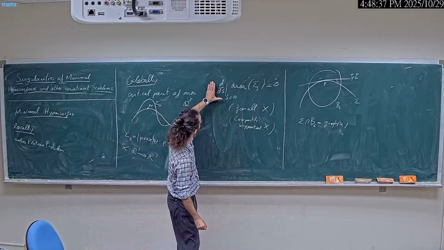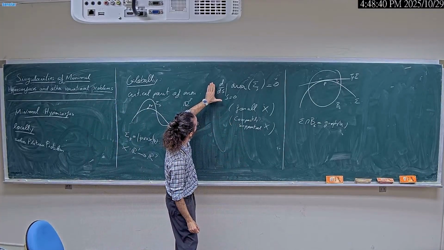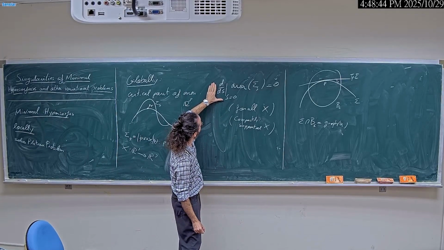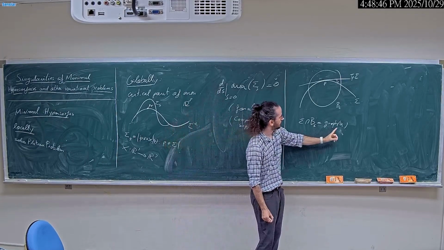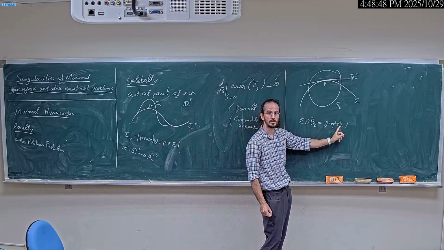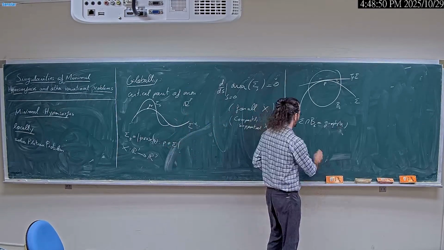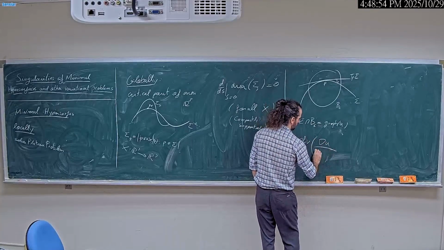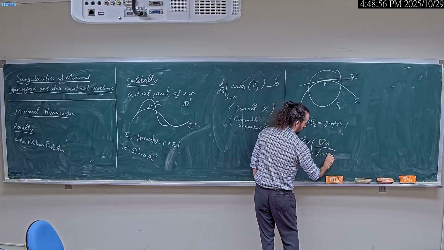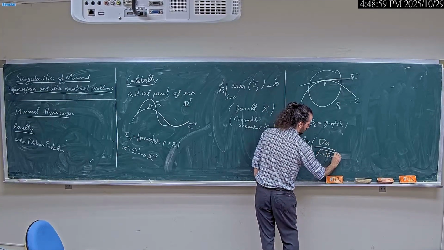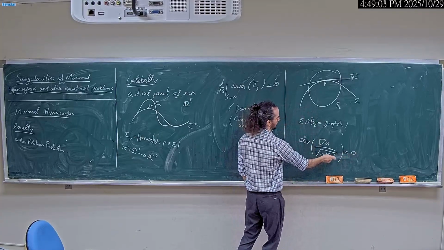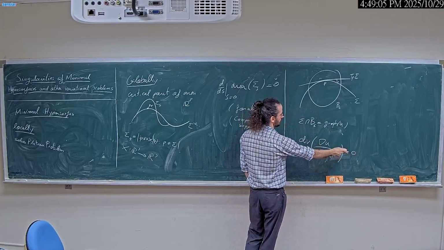And this first variation, this first derivative, is going to give us a PDE for our graph. The PDE looks like this: divergence of the gradient normalized, this number, equal to this.